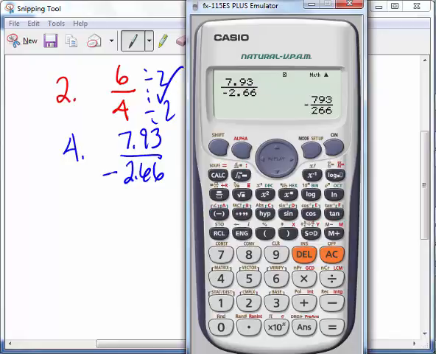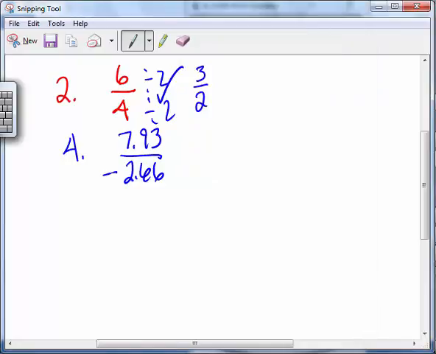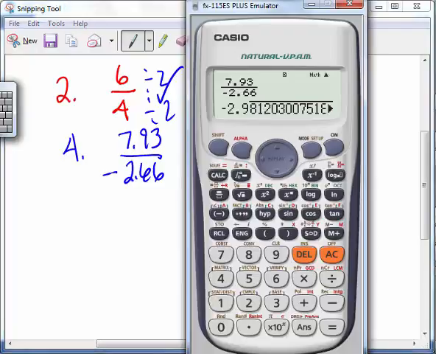Now my calculator simplifies that as a fraction, and it shows that they aren't simplifiable, and we get 2.98. Now we have to have 3 sig figs because we've got 3 here, so it'll be 2.98. Those other digits were just showing that the 8 repeats.